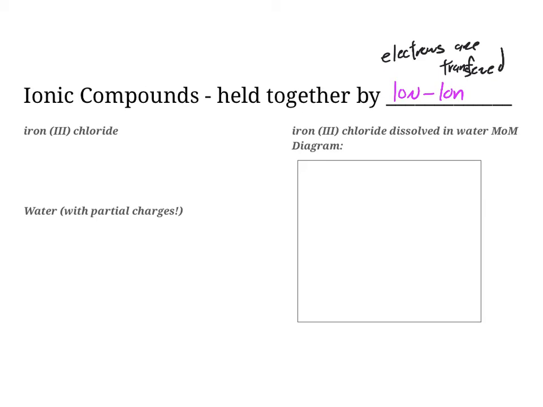So if we talk about iron 3 chloride, we might remember that iron has a Roman numeral 3, so it has a charge of +3. Chloride is Cl, so it would have a -1 charge. But when we crisscross the charges down, we really get the formula FeCl3.